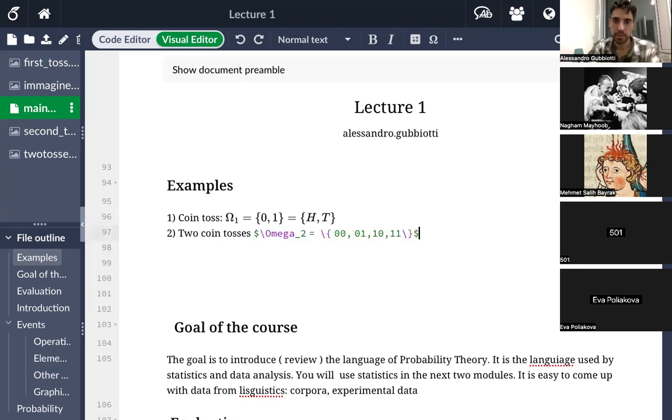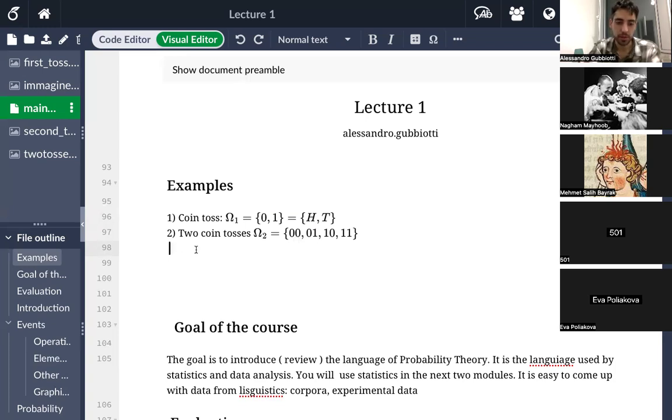So in this case, 0, 0 means that the first coin gave heads, and the second one gave heads, and 0, 1, the first one gave heads, and the second one tails, and so on and so on.